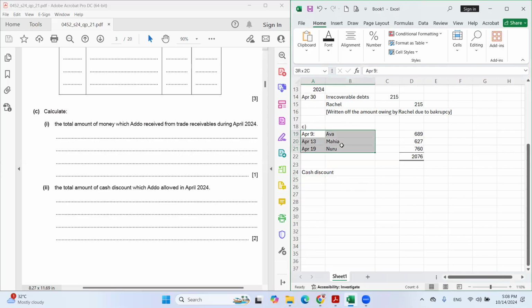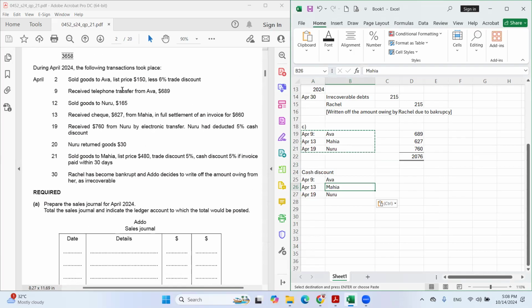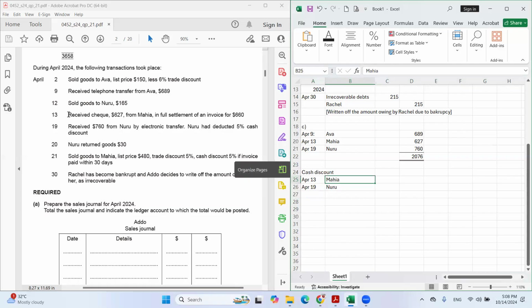We just put this one first. Later, we need to see which one is related. The first one, 9, they didn't mention anything, so that means this is not related and you don't need to count it. And then on 13, you saw that the amount in full settlement is 660, but only 627 was received.